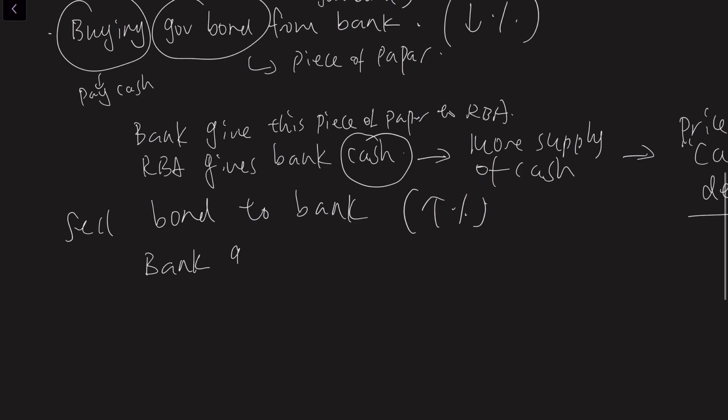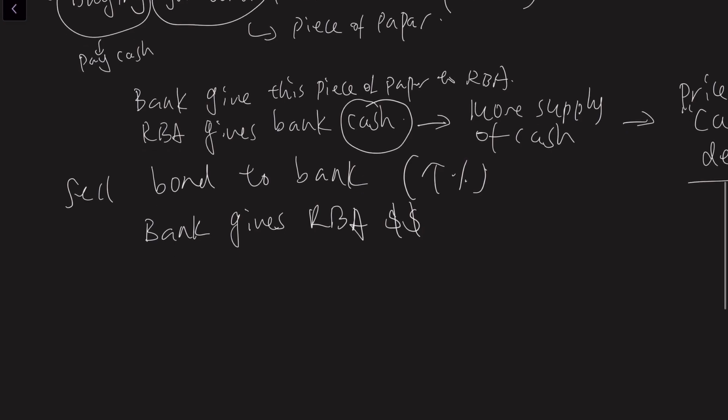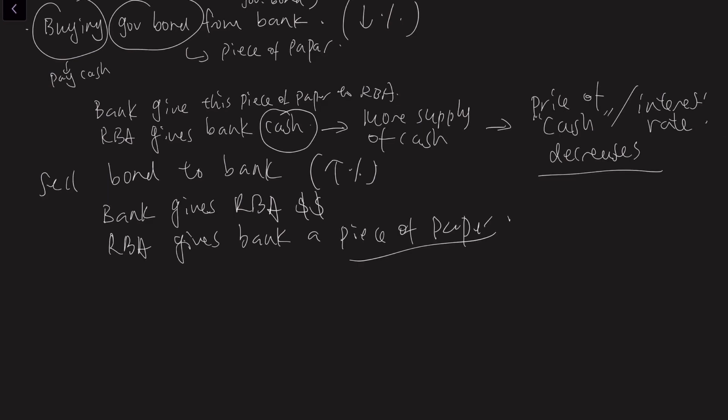So the bank gives the RBA money, because when the RBA sells a bond to a bank, the other way to say it is the bank buys a bond from the RBA. So it needs to pay the RBA cash, and the RBA gives this bank a piece of paper. So the bank gives the RBA cash. This means you have less supply of cash.